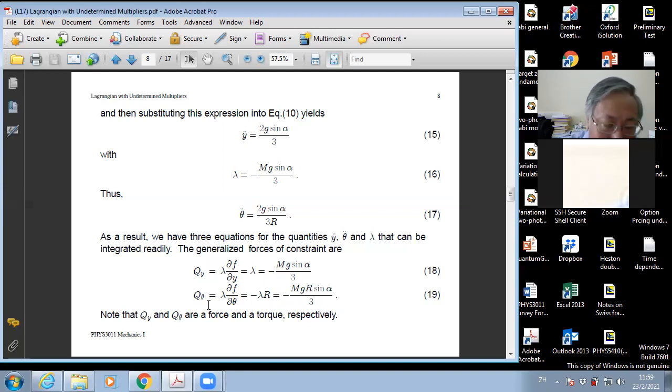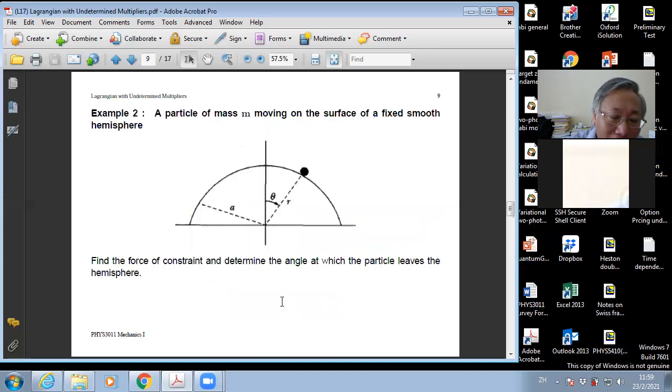Now, what is Qy? That is a force. The force pulling the disk, and Q theta is the torque rotating the disk. All right.